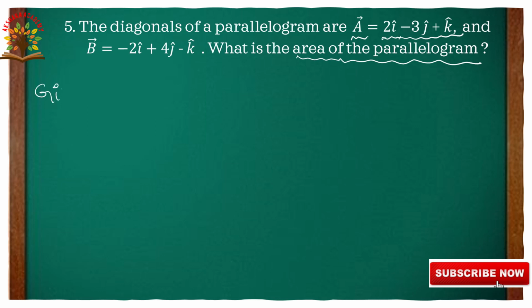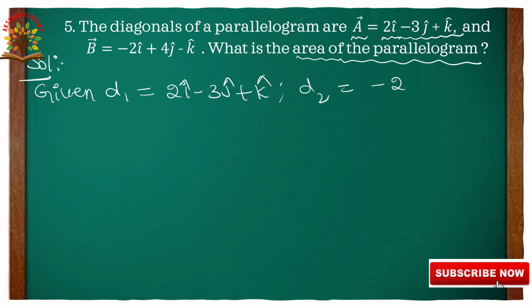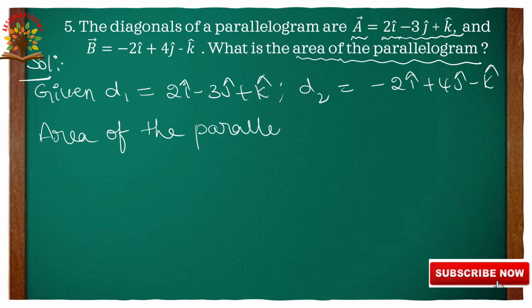Now let us go to the solution. Given d1 is equal to 2i cap minus 3j cap plus k cap and d2 is equal to minus 2i cap plus 4j cap minus k cap. Now the area of the parallelogram is equal to half d1 bar cross d2 bar.